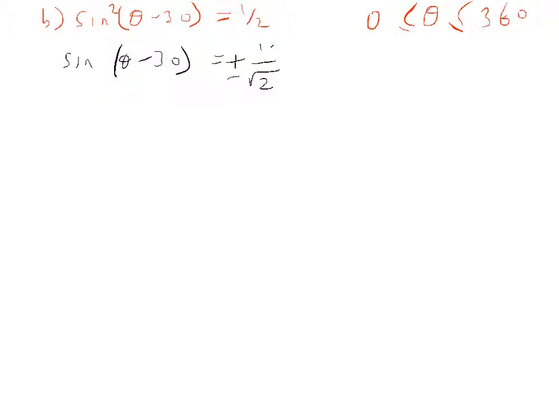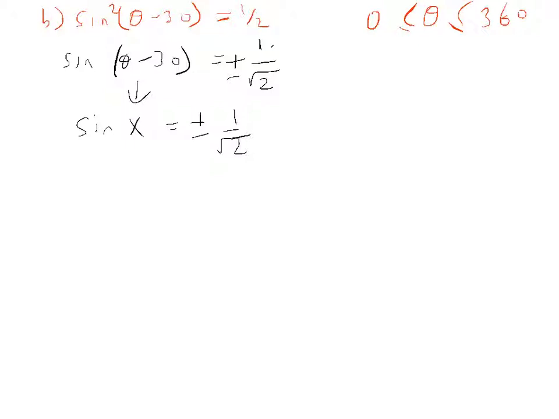For the benefit of students who might want things explained step by step, what I'm going to do is make this into an x. So I've got sine x equals plus or minus 1 over square root of 2. But since it's a small number and you're not multiplying theta by anything, if you want to, you can continue with theta minus 30 as well.